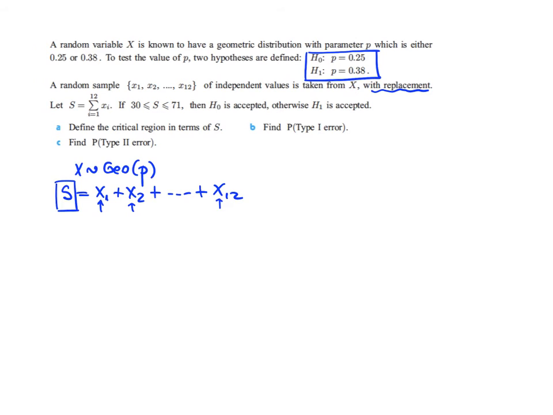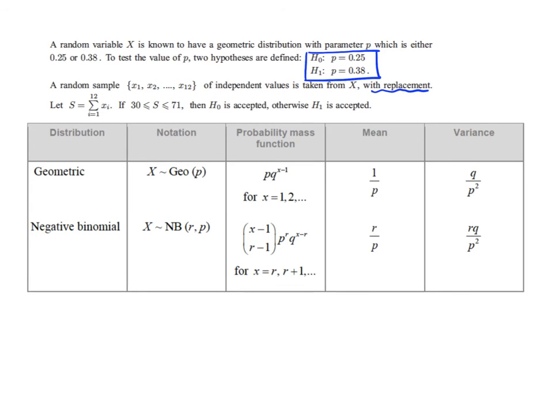We know that if we add geometric distributions, S will be negative binomial with 12 and p as the probability of success. As we talk about the negative binomial distribution, I brought here the formula from your formula booklet. We are also given the critical region. So that's a region where H0 is accepted, so we have the decision rule.